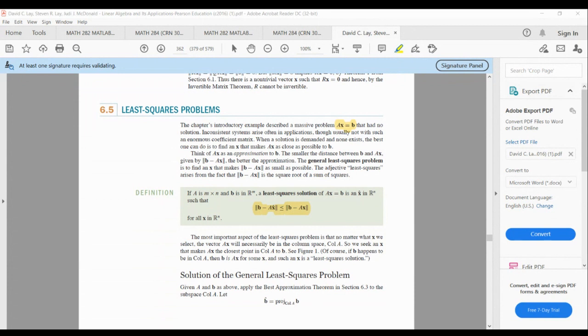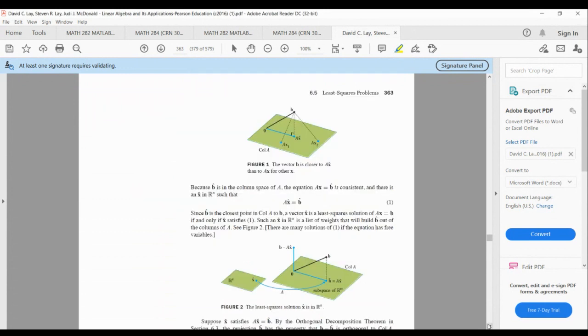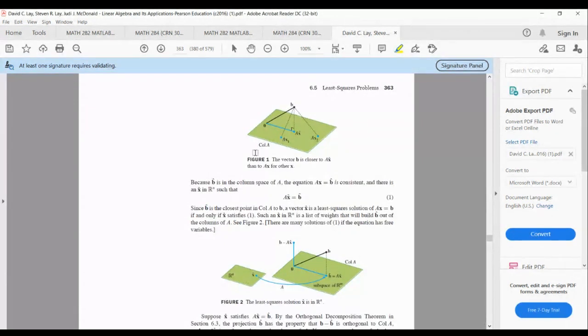Now, if we go to the picture here in figure 1, they note that geometrically, if you can't solve a system of equations A times x equals b, then that means the vector b is outside the column space of the matrix A. And that's what they're showing in figure 1.